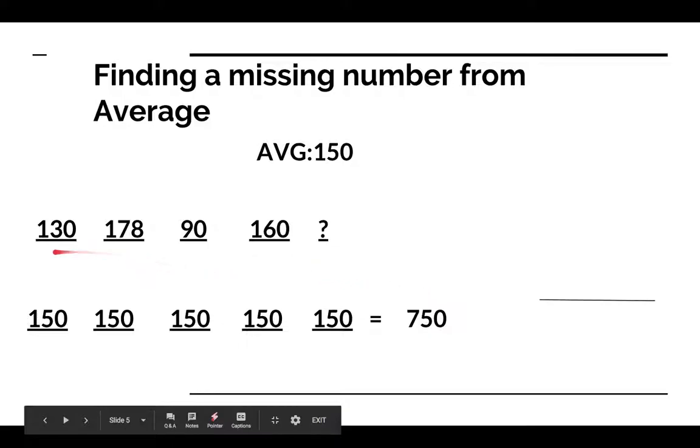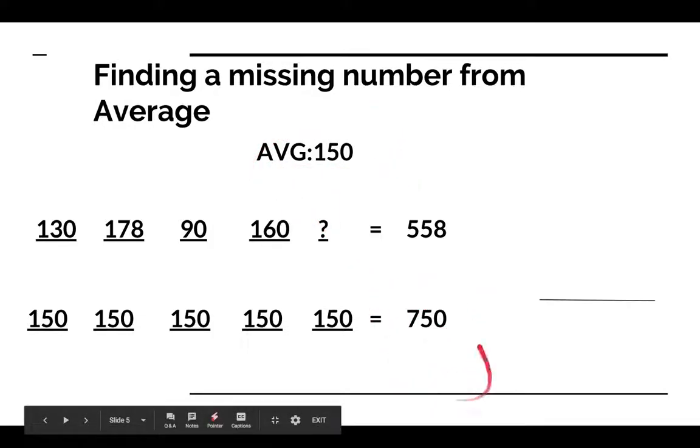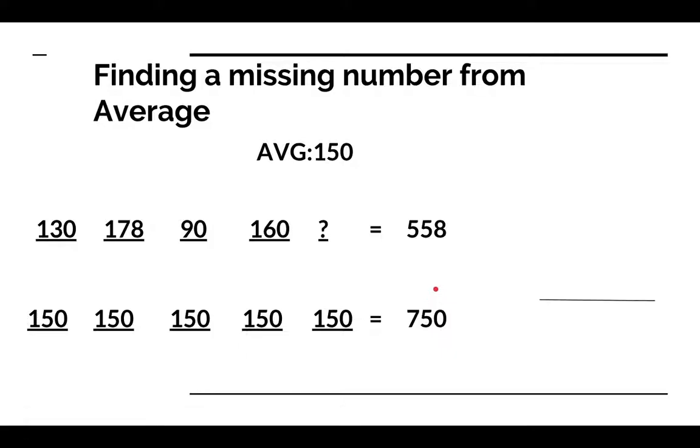Now, let's see how many points you have in those 4 games. We add them up, we get 558. That means in your 4 games, you have 558 points. To get an average of 150, you're going to need 750 points. So to see what you need for this last game, you find the difference, and difference means to subtract.